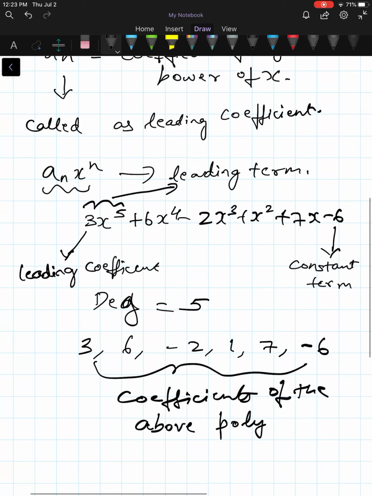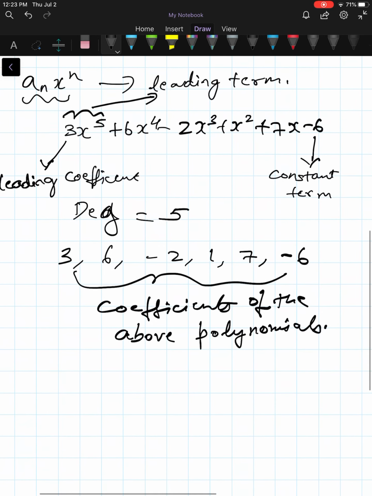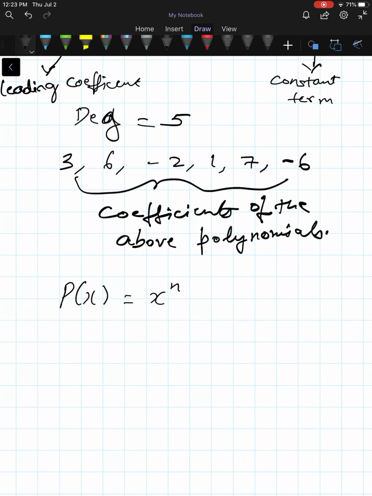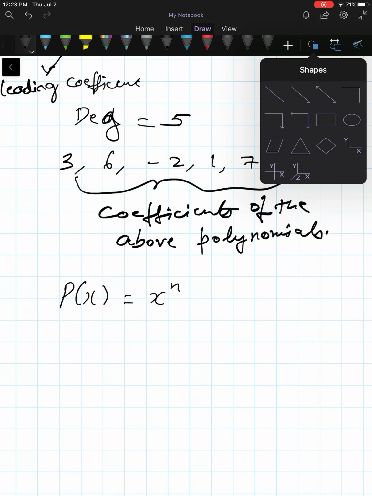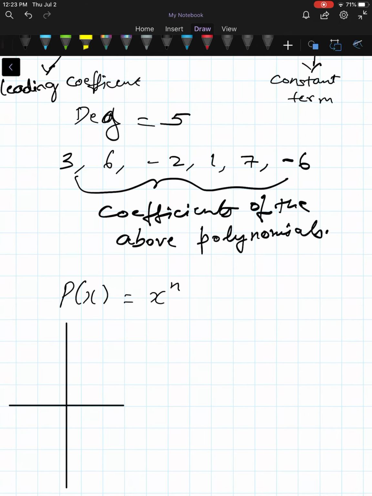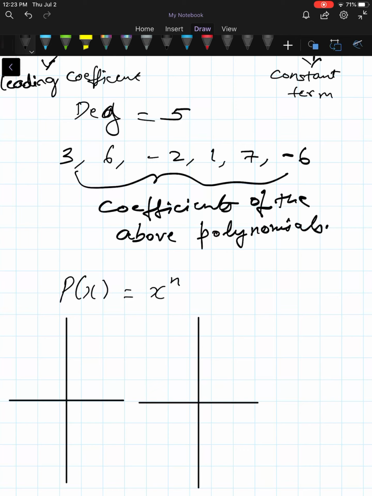There are some famous graphs that I will be talking about. That is, graphs of basic polynomial functions. The simplest polynomial functions are monomials of the form p of x equals x to the power of n, whose graph looks like this. I will be needing many coordinate planes.